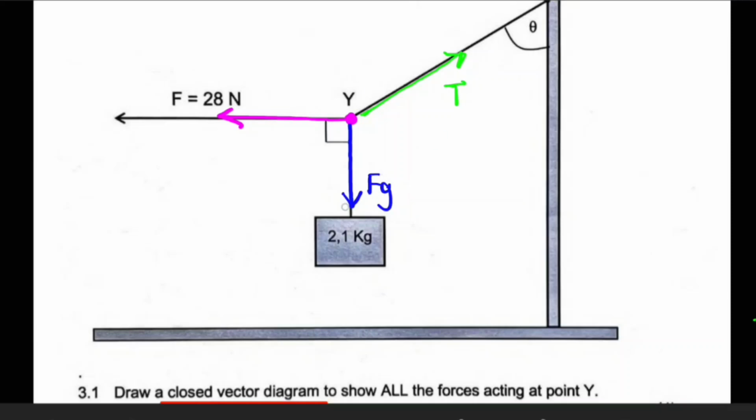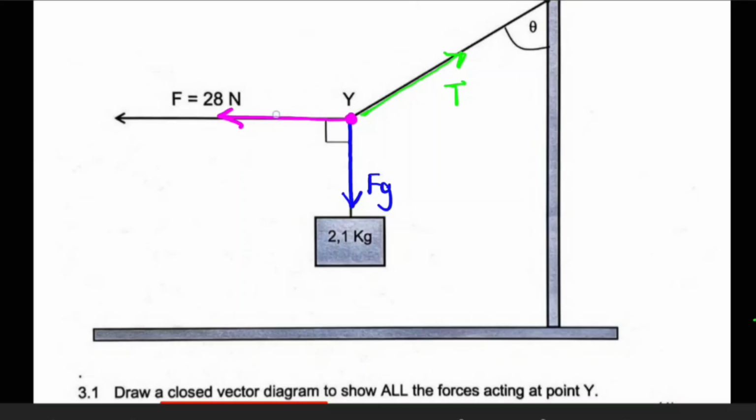Bear in mind, closed vector diagrams are drawn head to tail, so we can draw all three arrows head to tail such that it forms a triangle. Now why do we draw a closed vector diagram? A closed vector diagram is drawn when the system is in equilibrium. What does that mean? That means that the system is stationary. It is not moving. There is zero acceleration.